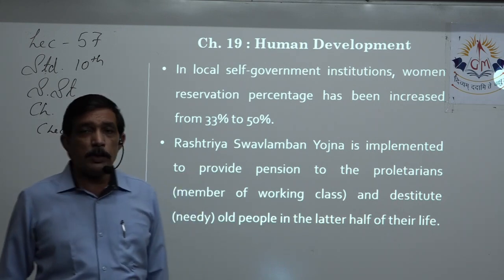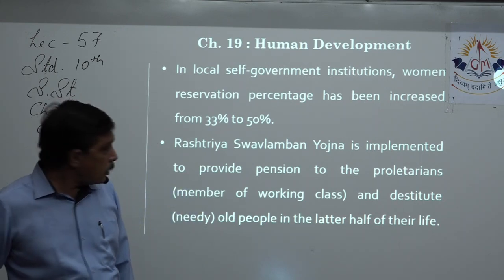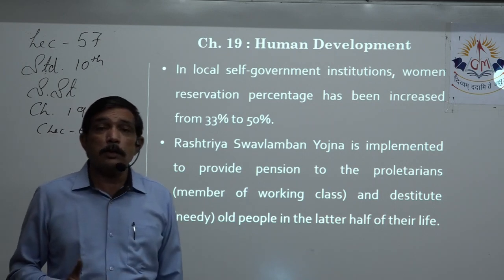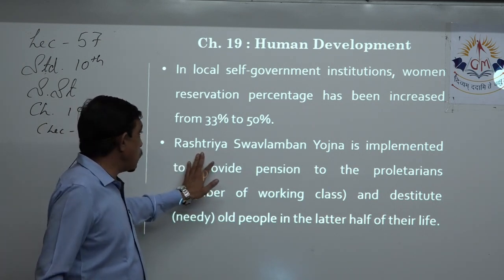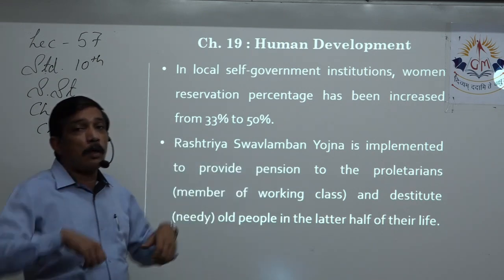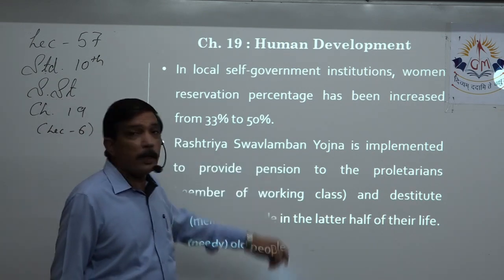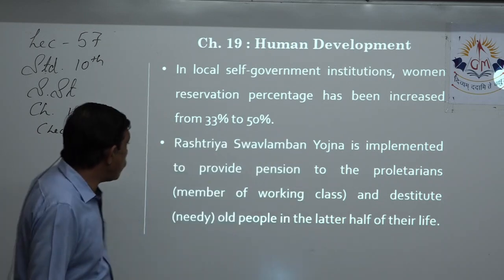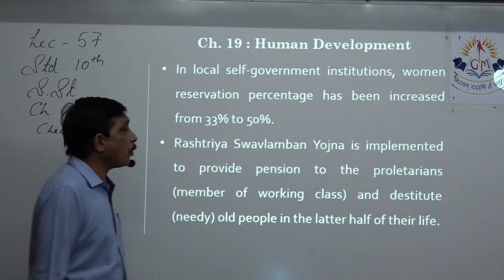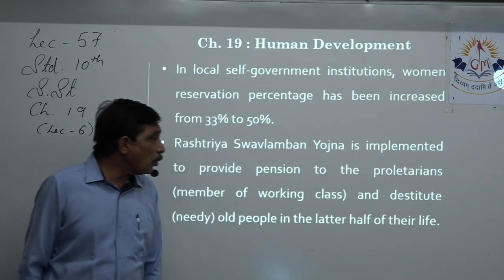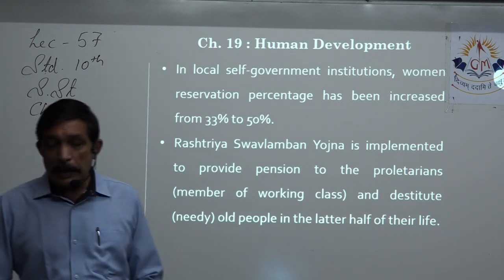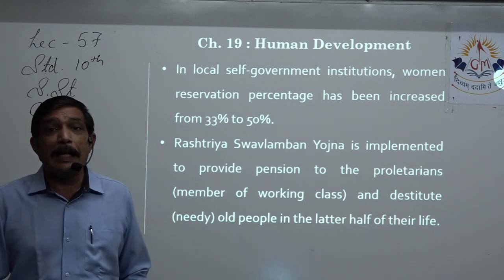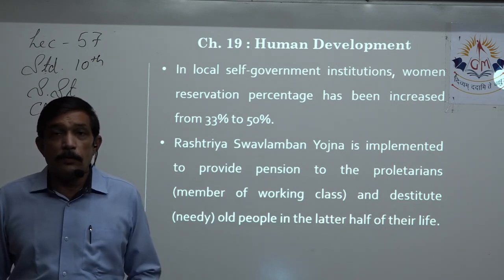Rashtriya Swavalamban Yojana. Yes, we have been hearing these words, Atmanirbhar and all that right now. The National Swavalamban Yojana, meaning self-dependence scheme, is implemented to provide pension to the proletarians, that is members of the working class, and the destitute, that is needy people, in the latter half of their life.